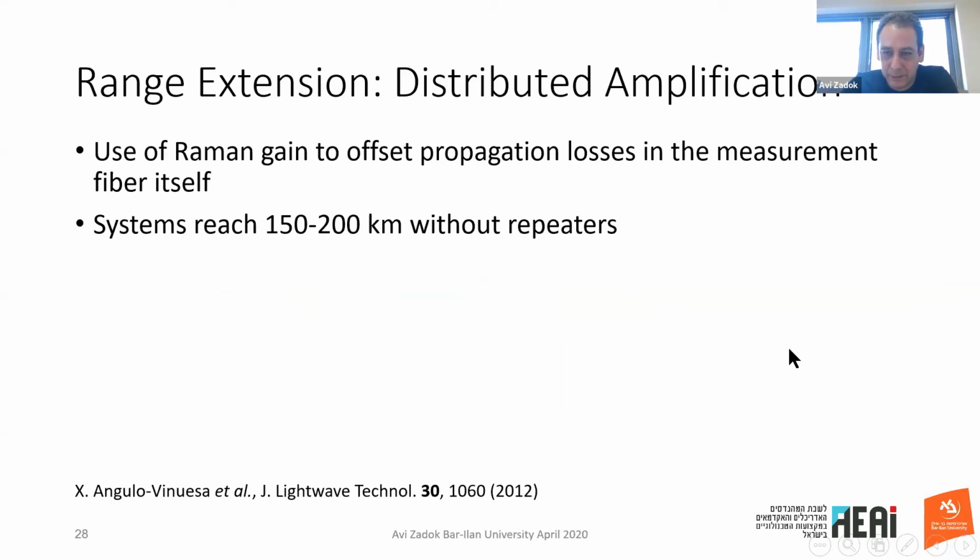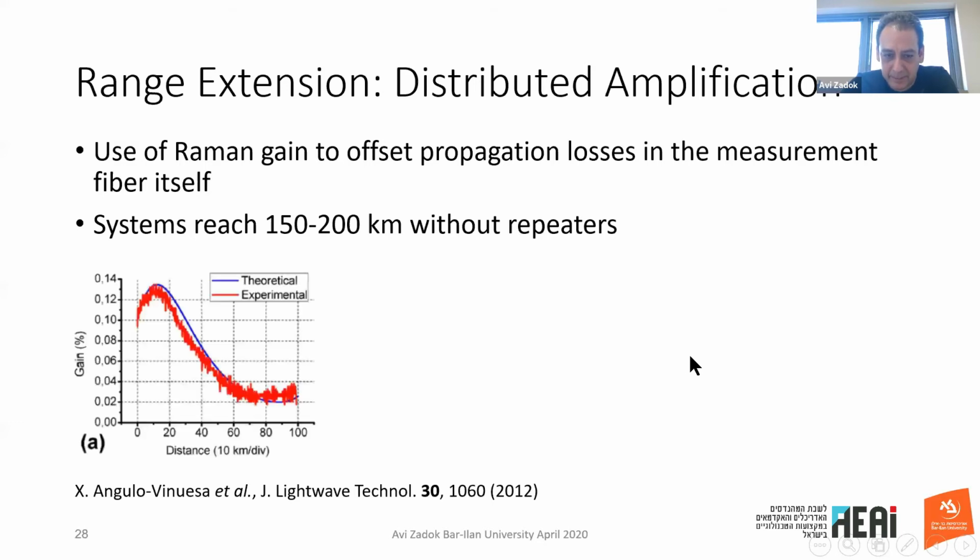So it's the same piece of fiber in which we're taking measurements, but we compensate for losses as we go along. And this particular example is by the group of Professor Miguel Gonzalez Herraiz from the University of Alcalá. This is near Madrid in Spain. And he's showing here how he could measure Brillouin gain over 100 kilometers of fiber that is comparatively uniform. I just want to draw your attention to this.